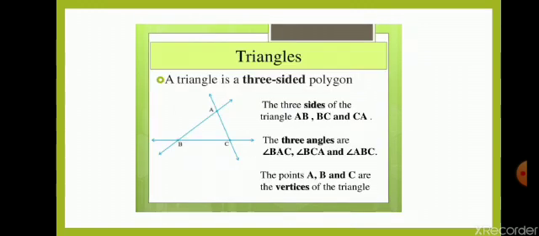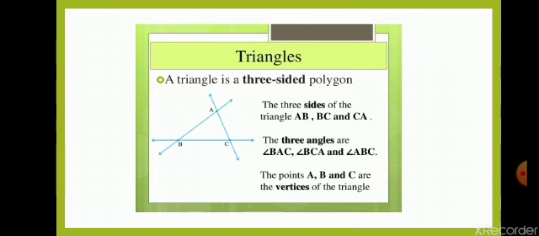Our other topic is triangles. A polygon with three sides is called a triangle. A triangle has three sides and three vertices. A triangle is a three-sided polygon. The three sides of the triangle are AB, BC and CA. Look at this figure.